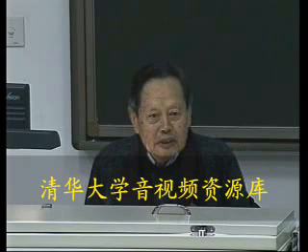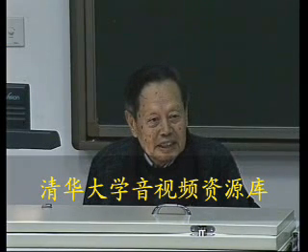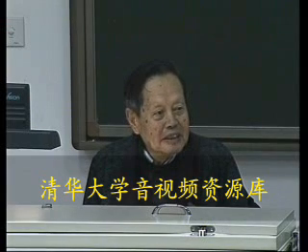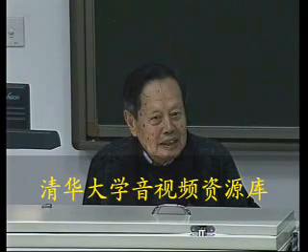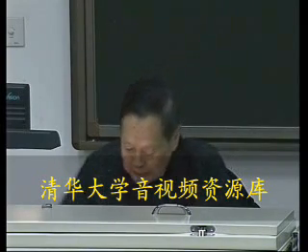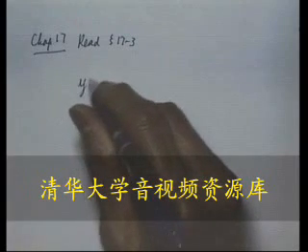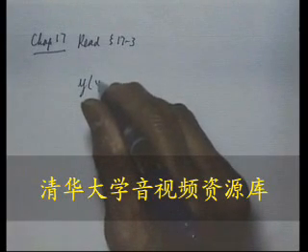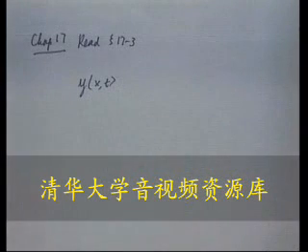Now in this chapter and the next chapter, 17 and 18, we're talking about waves. Waves are different from what we have been talking about in that it's a function of two variables. It's not just a function of t, but it's a function of x and t.